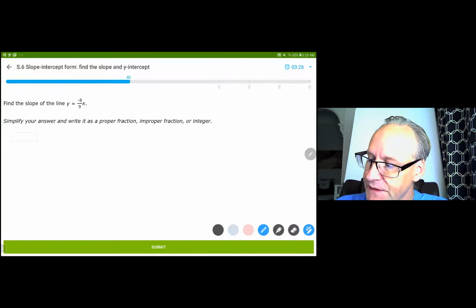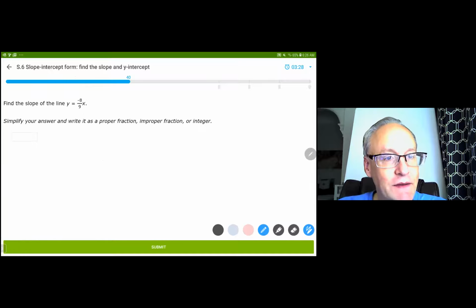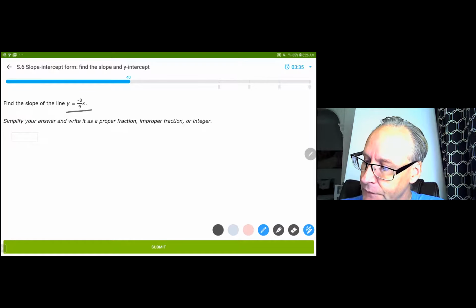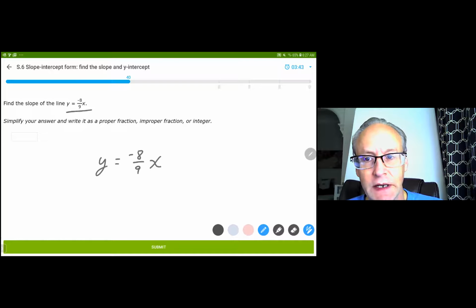The slope is negative 8 over 9. By the way, the y-intercept is at 0, 0, or the origin. This has a name, y equals negative 8 over 9x. This is sometimes called direct variation. It's sometimes called a proportional relationship. The x's and the y's are directly proportional. That's another way of saying the same thing.